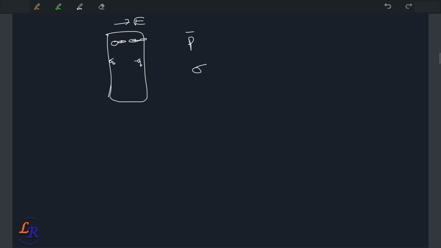Similarly, you can write sigma b with the bound charges, which would be the dot product of the direction normal to the slab and the polarization, where the per unit volume dipole moment is equal to q into 2a divided by volume, multiplied by the direction. The proof can be done separately, but you will get some expression like this for the bound charge, right?